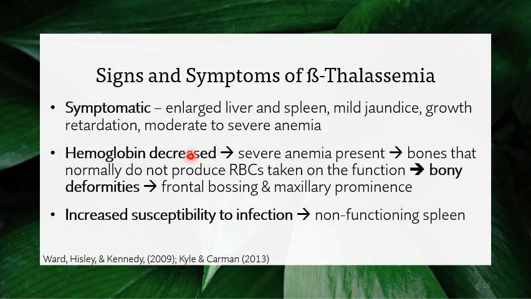When we do a CBC, complete blood count, we will see a very low hemoglobin, and we can also have bony deformities because the bone marrow is trying to make up for the missing cells. And then the body will of course have susceptibility to infection, because the spleen is working too hard doing the other things. Meanwhile, it cannot give so much protection against infection.